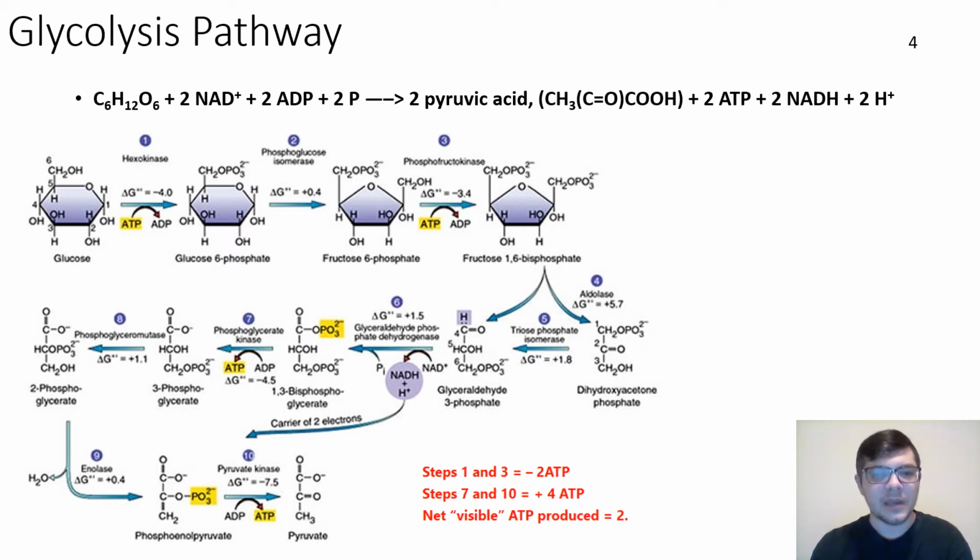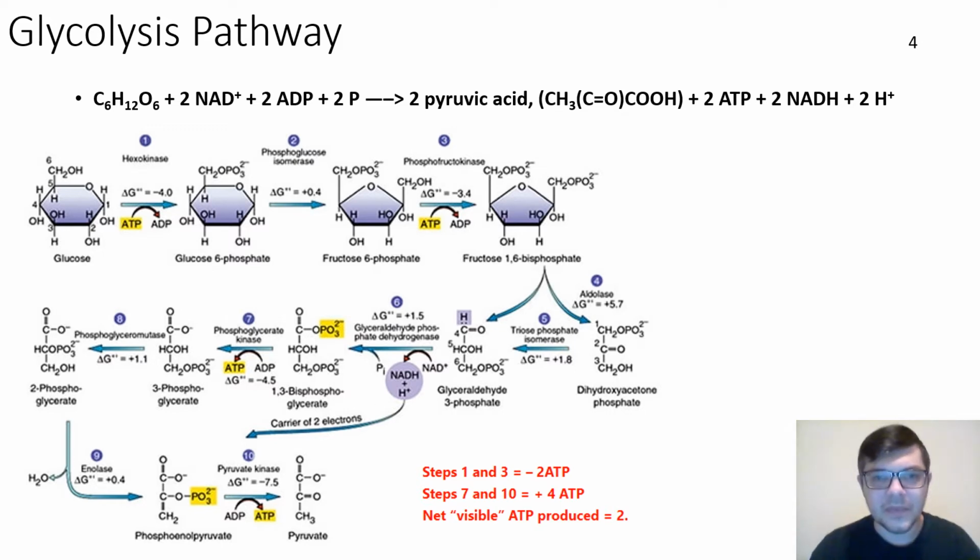Now, if you notice at a lot of these steps, it has the delta G. So you can see some of these steps are going to be more irreversible and more spontaneous than others. So you can just see that in the picture. For example, that first step has a delta G of -4.